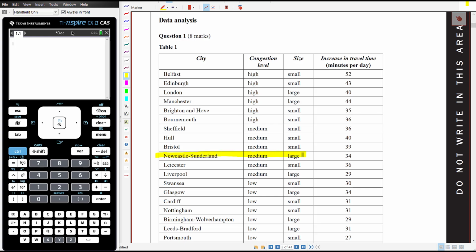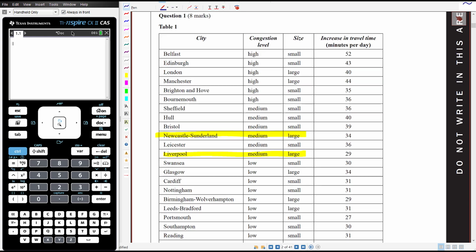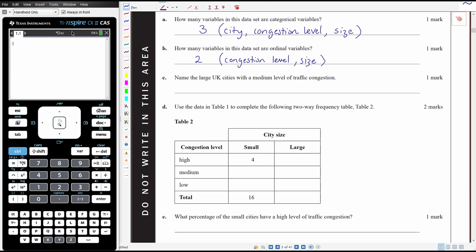Newcastle, Sunderland, and Liverpool are going to be the cities. So we want to name those cities: Newcastle, Sunderland, and Liverpool.